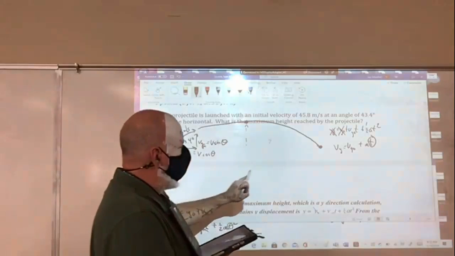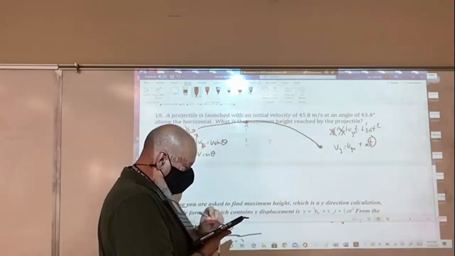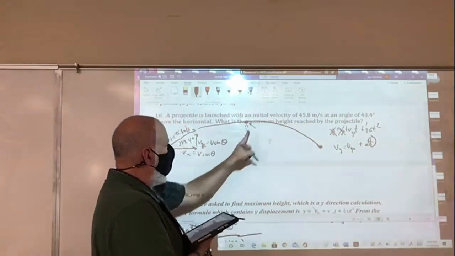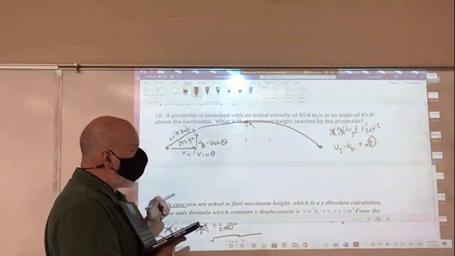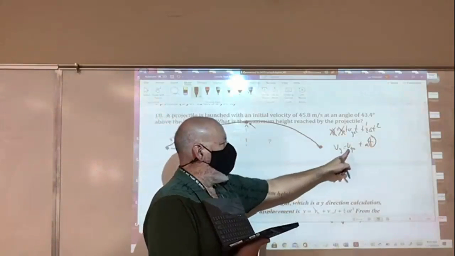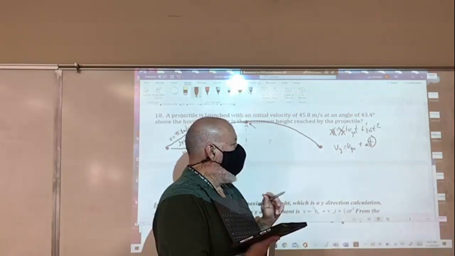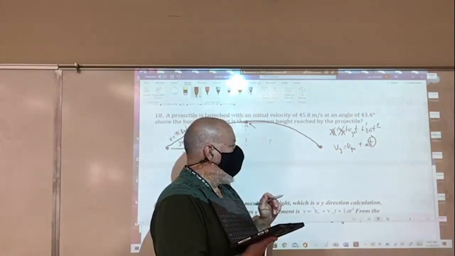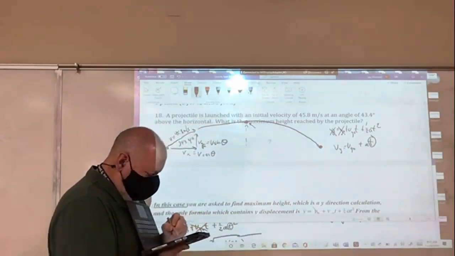I'm going to pretend that this is my final y velocity here. Right here is where I want to know how high I am, so that's where my final y velocity is going to be. And at that point, my final y velocity is going to be 0.